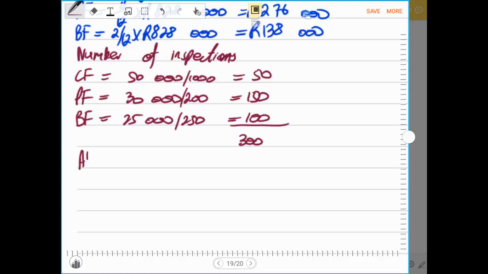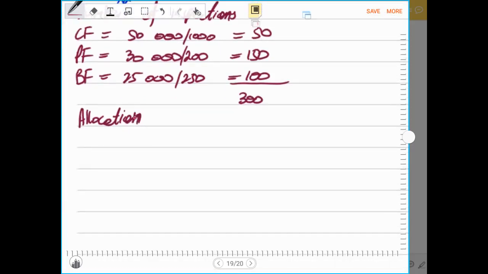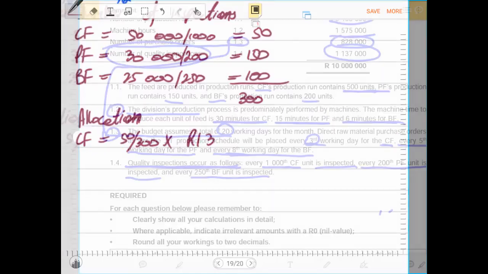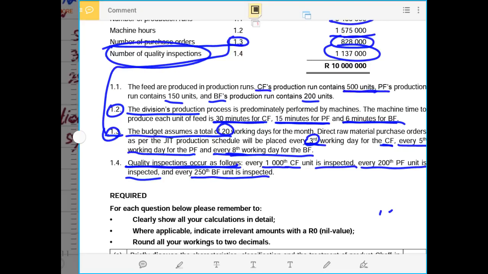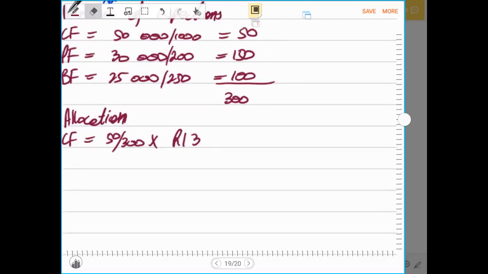Then we do the allocation of the cost based on the number of inspections. So now we have product CF, which is 50 divided by 300 times 1,137,000.